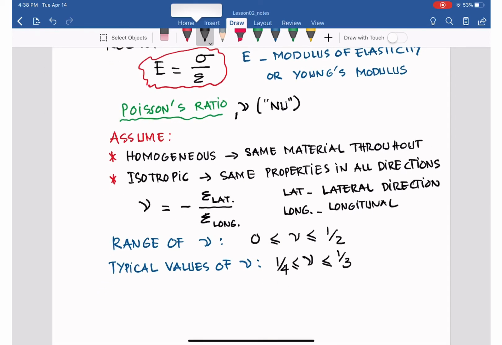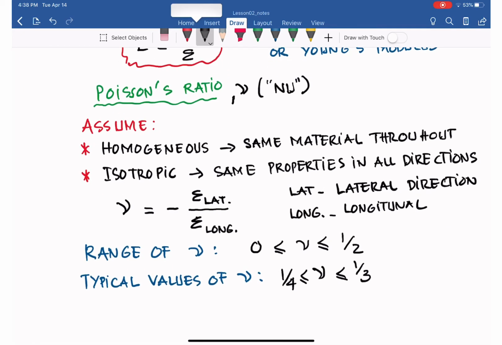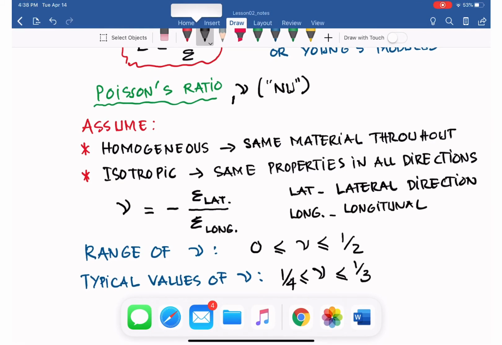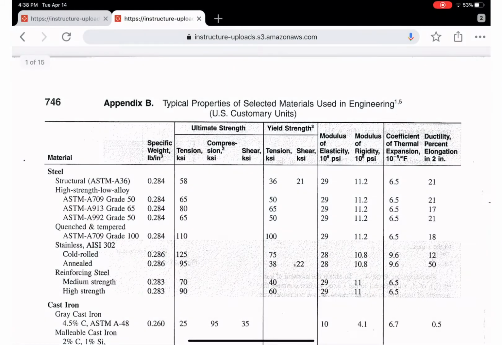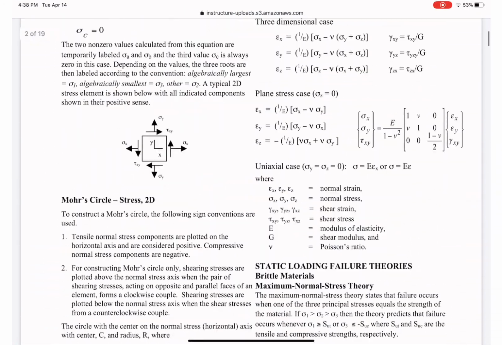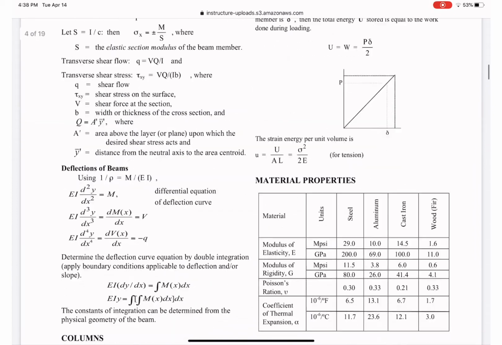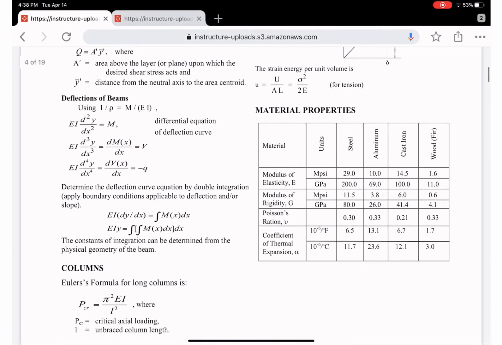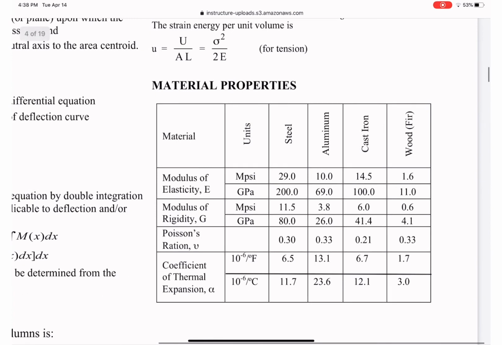After you watch the demonstration that I'm going to show you next, you practice worksheet 2D. But let's see, as you can see, different materials. If you go to the reference data card for this class, go to page number 4, you can see the different materials, for example steel, aluminum, cast iron, wood.